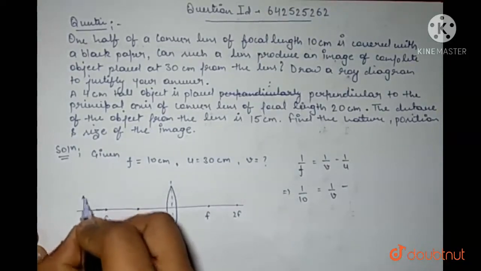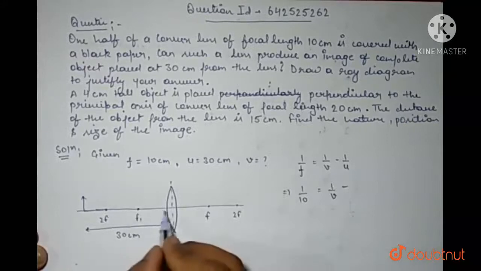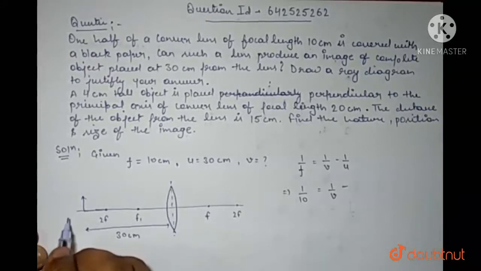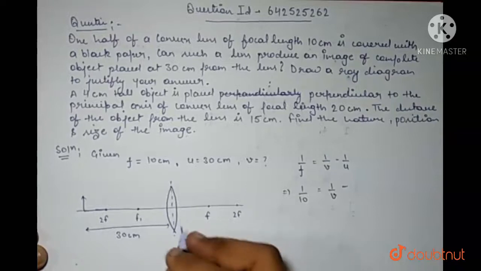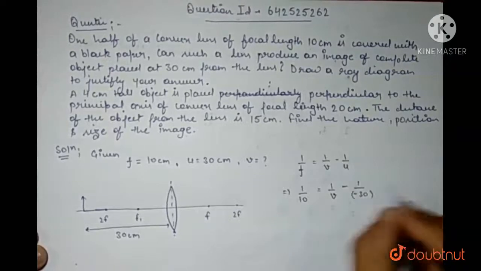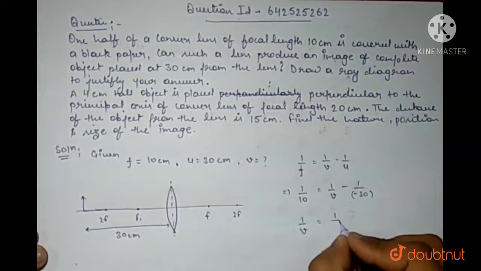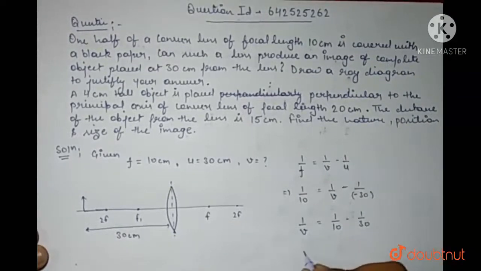This is the object, which is 30 cm from the lens, and it is on the left side of the lens, so we are considering this as negative. So 1 by minus 30. After solving this, what we get? 1 by 10 minus 1 by 30, and v equals 15 cm we will get.